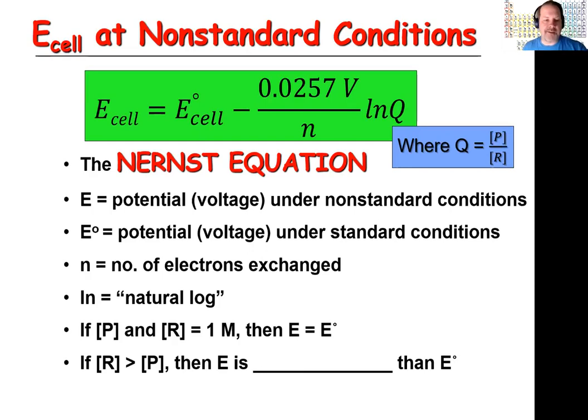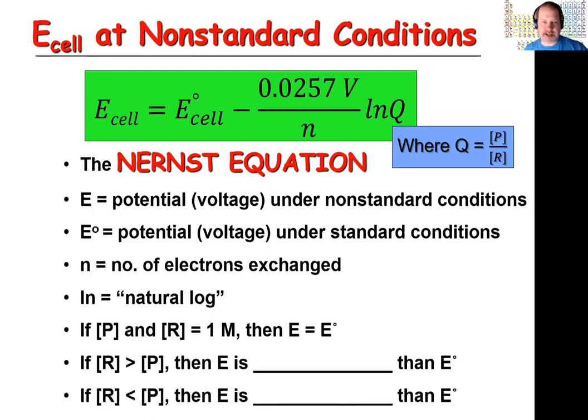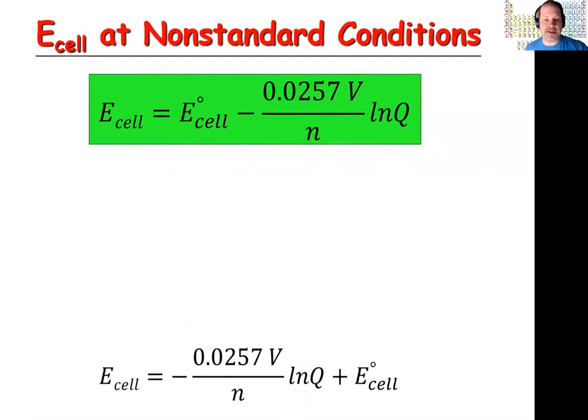In general, if you have more reactants, Q will be less than 1, and because of the negative 0.0257, you'll get a negative term out of the log of Q, and that will give you voltages greater than you would get under standard conditions. If you change it so you have more products, you end up with less. These are important things to understand, and you can get them by thinking through the numbers that are there.